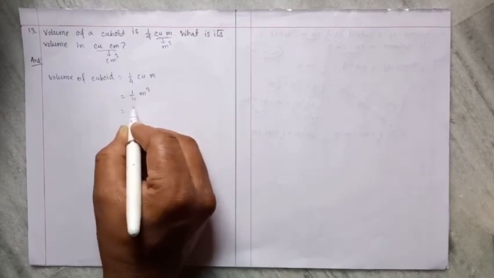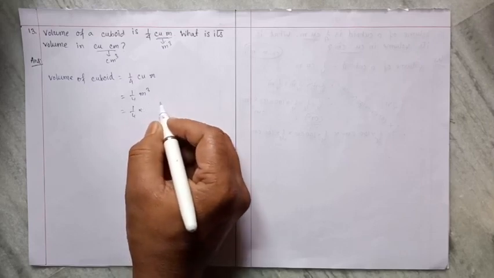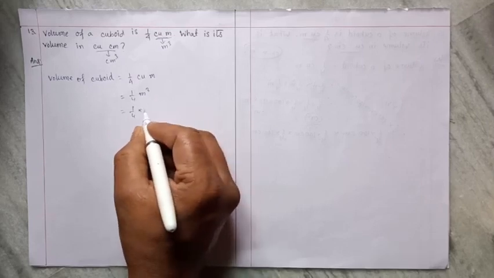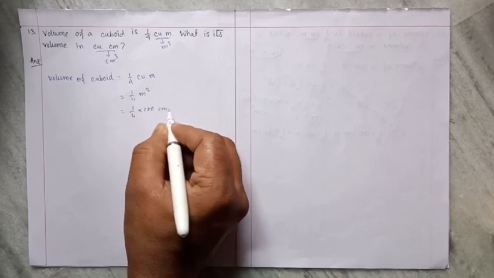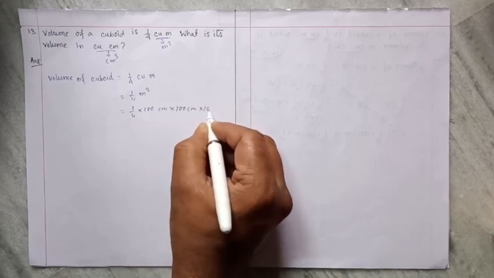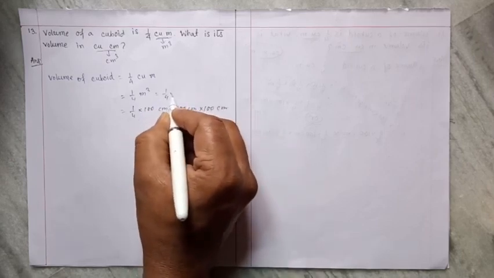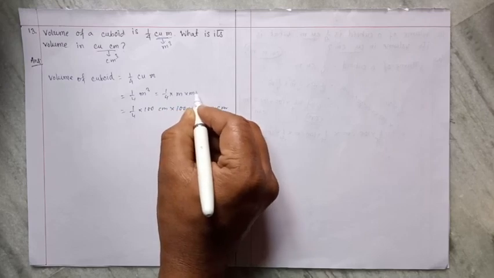Now we'll convert the meter cube. That means meter into meter into meter, and 1 meter means 100 centimeter. Again 1 meter means 100 centimeter. Again 1 meter means 100 centimeter. Can you write it? That means this is 1/4 into meter into meter into meter.